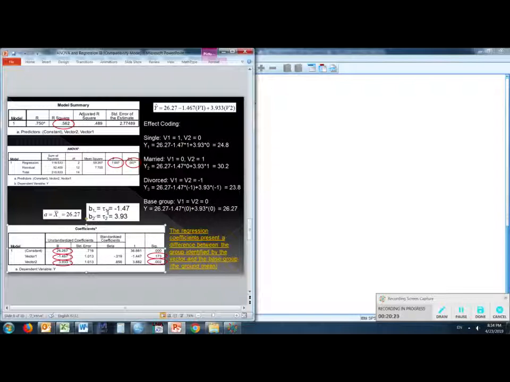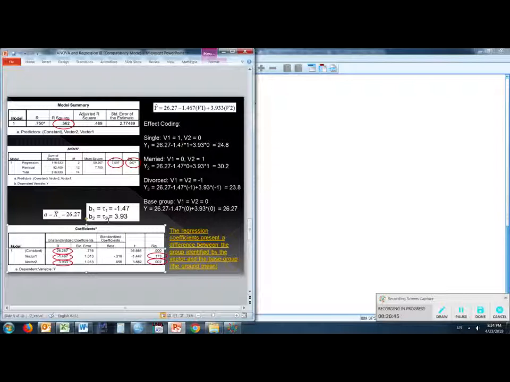B1 equals tau 1, which is negative 1.47, but it was not significantly different from the general population. B2 is the effect size for the married group. It is actually significantly higher than the general population. Here we don't have B3, we don't have that divorced group.